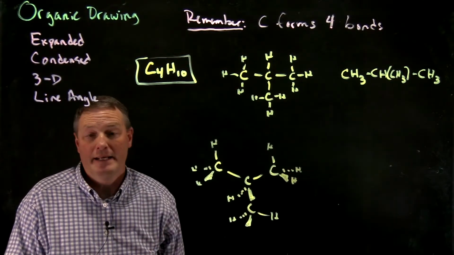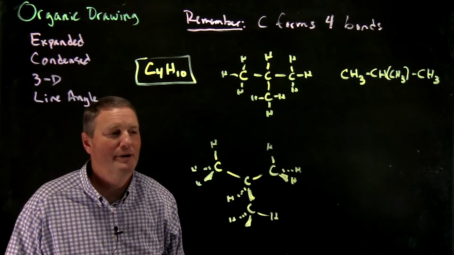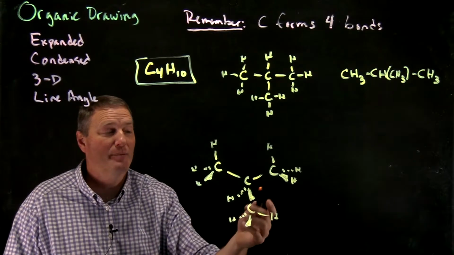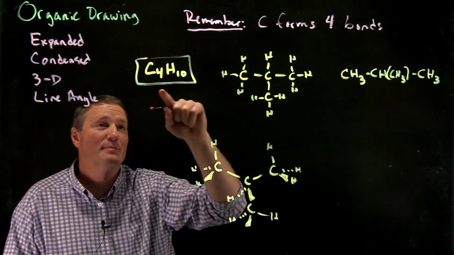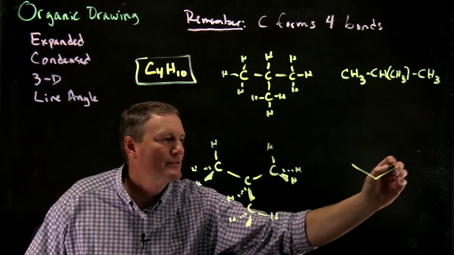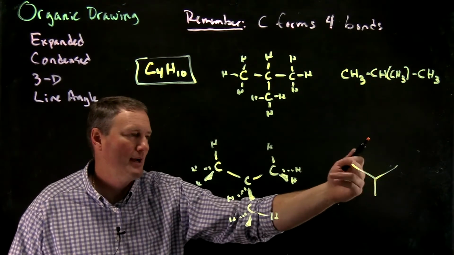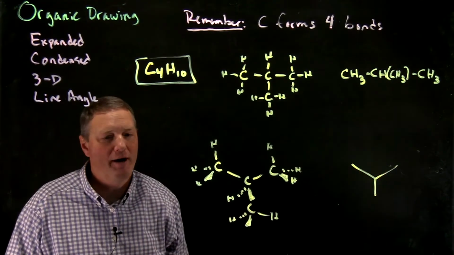Again, you can see why using this three-dimensional form does create a little bit more complexity, especially as we start adding carbons. But this still does adhere to this molecular formula, C4H10. And then lastly, if I want to draw this using the line angle, it's really quite easy. I just draw my regular chain here, but now I've got a branch coming off of it.